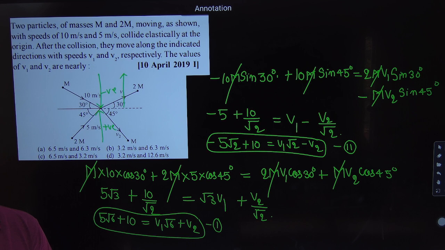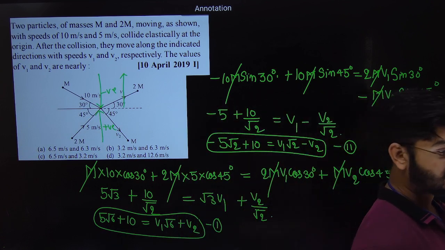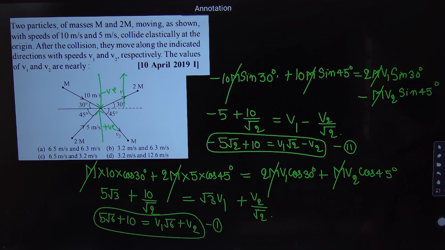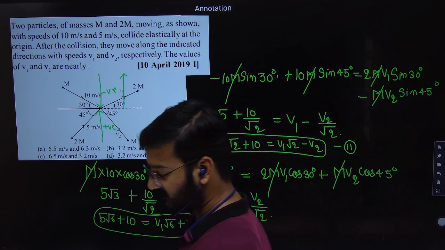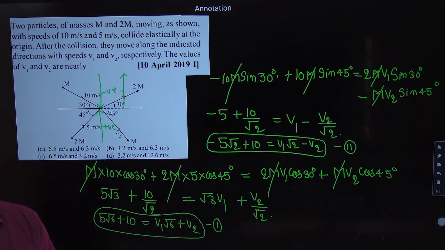Root 2 is how much? 1.4. Root 3 is 1.7. You have to substitute that. Anyone got the value, sir? Is it A? Yes. Option A is the right answer.